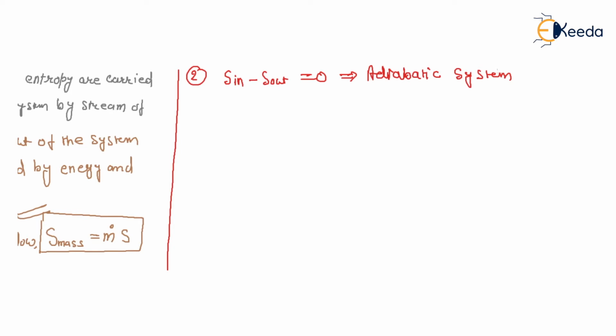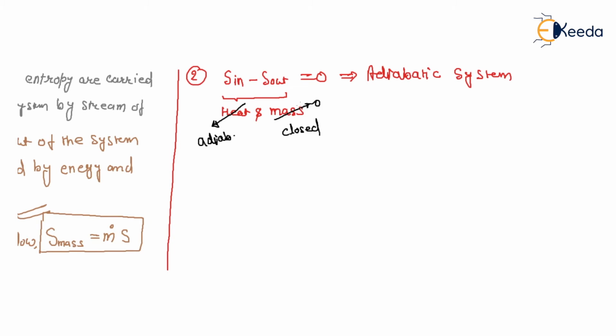That means entropy transfer by heat. This is for heat and mass. So if the mass is 0, let's suppose, that means closed system. So if there is adiabatic, so entropy transfer by heat is 0, and the entropy transfer by mass is 0 for a closed system.